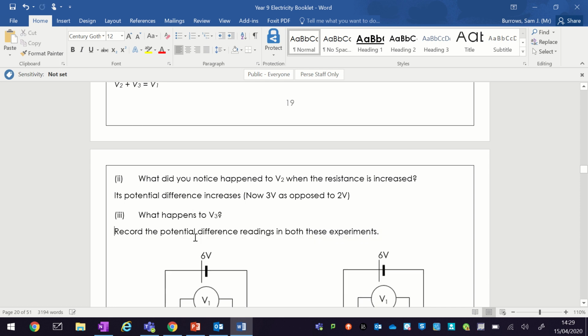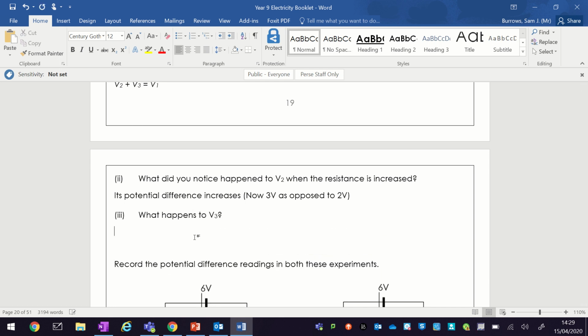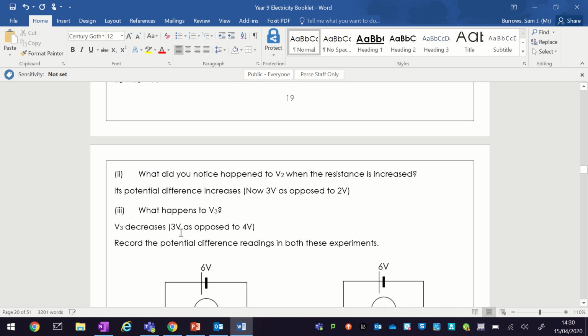And the V3, conversely, so if V2 plus V3 have to equal 6, if V2 goes up, V3 goes down. Okay, so that's what we've actually seen in our experiment there.